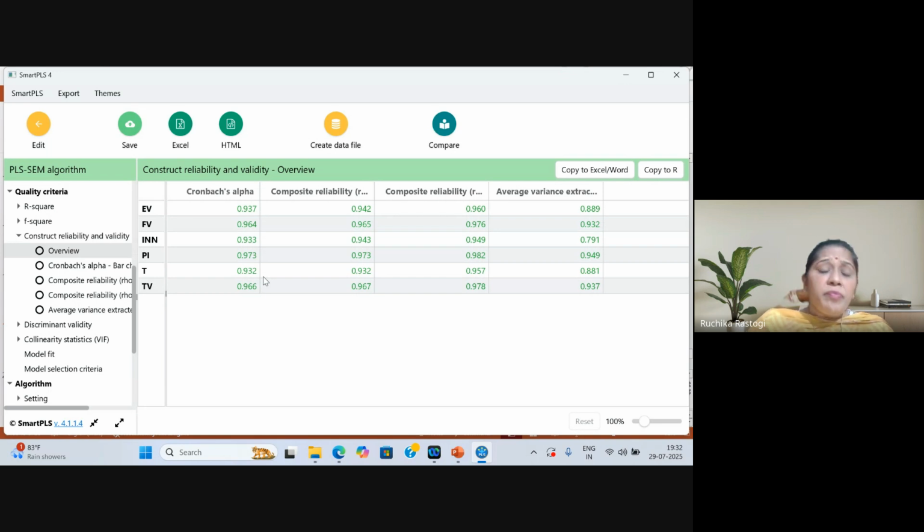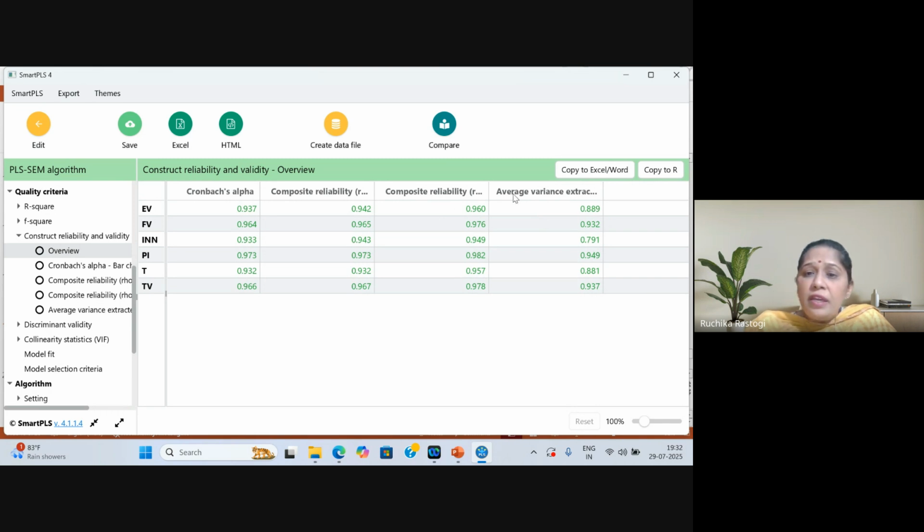Then we have convergent validity. Construct validity is divided into two parts: convergent and discriminant. Convergent is checked with the help of AVE and composite reliability. AVE should be more than 0.5 and composite reliability should be more than 0.7.